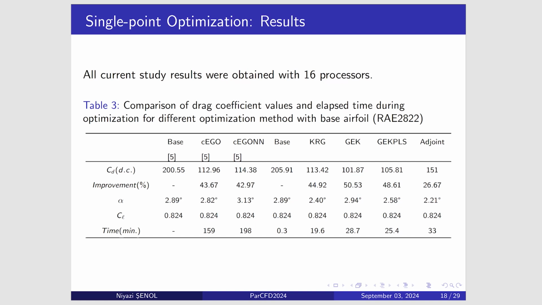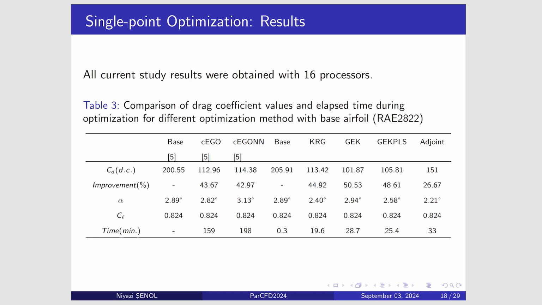For single point optimization, these are the results table. The first three columns are references: the base, and they use EGO and EGO neural network. The improvements are like 40, 48, 43, and 42, very close. Our base is very similar. But with Kriging and GEC-PLS, our improvement is good and above their improvement.